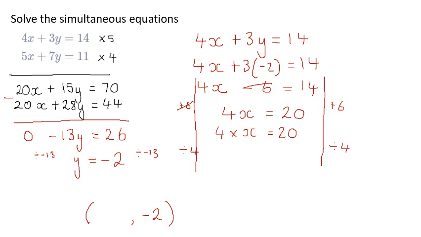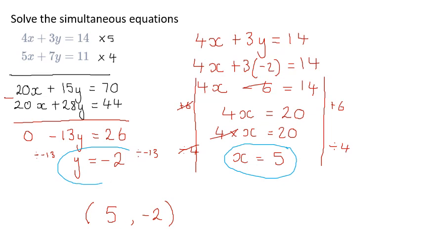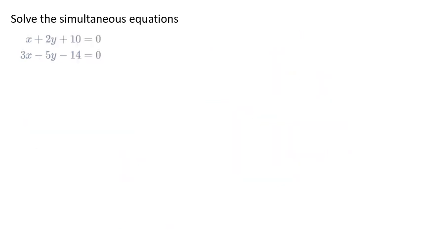I can cross out the opposite, so divide by 4 and times by 4 cancel each other out. So you're left with x equals 20 divided by 4 is 5. So my other part of the coordinate would be 5. Otherwise, if they don't ask you for a coordinate, then your solutions are just x equals 5, y equals negative 2.